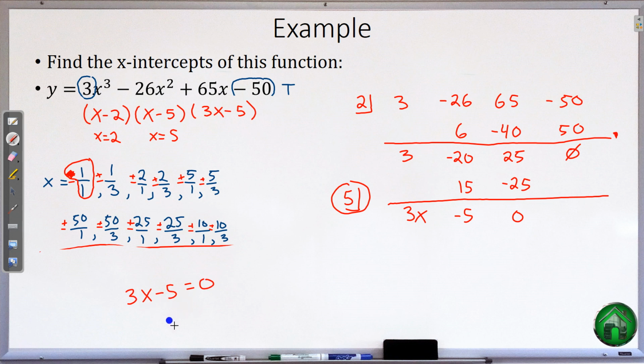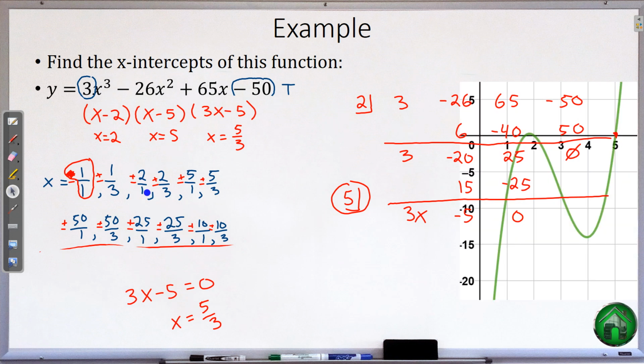Add the 5, divide by the 3, 5/3. So that fraction x-intercept that we saw right here is apparently 5/3. And we found all 3 of them, and we now have our factored form.